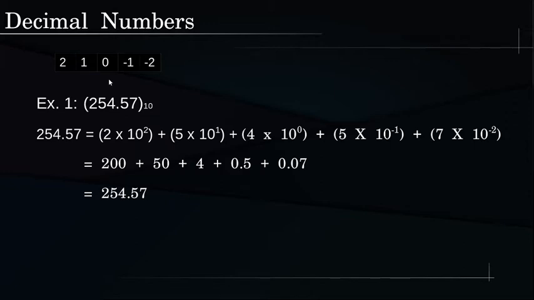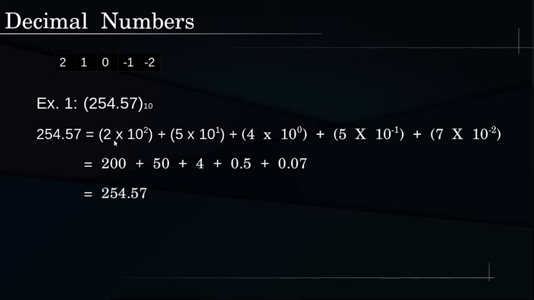So 4's place value is 0, 5's place value is 1, and 2's place value is 2. For fractional part, we count left to right. So 5's place value is -1 and 7's place value is -2. And then we have to write each digit multiplied by its place value, and so on.